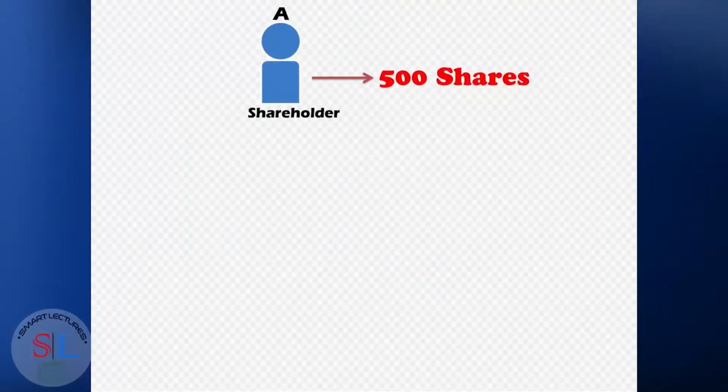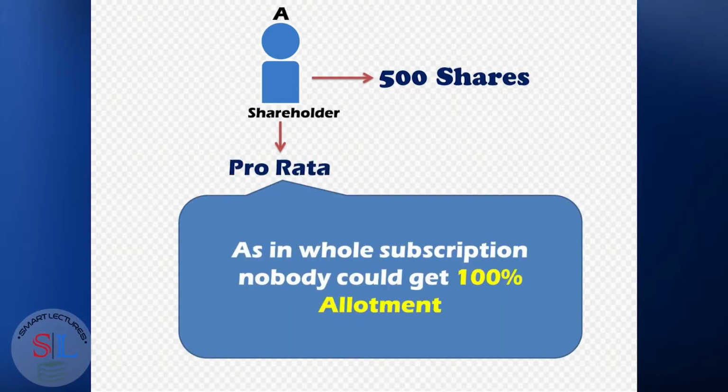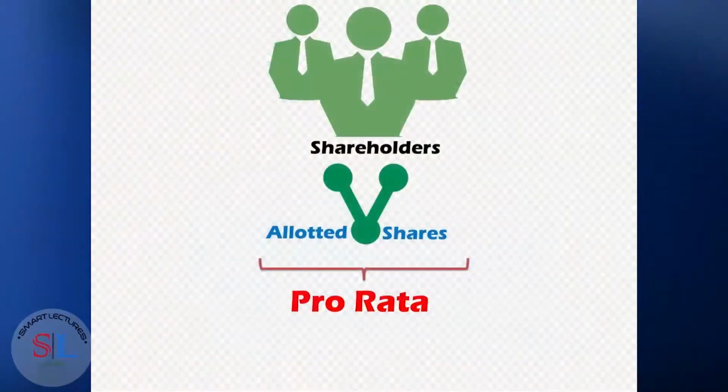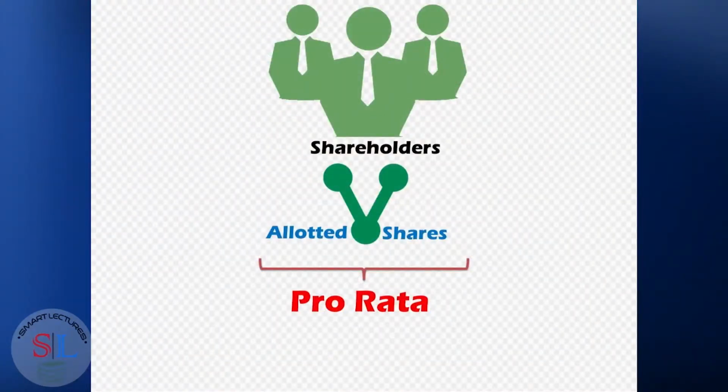So let's assume there are 2 shareholders only, A and B. A is holding 500 shares at this time, and this shareholder must belong to the pro rata, because in the whole subscription nobody could get 100% allotment. Everyone was allotted the shares on pro rata basis of 5 is to 2.